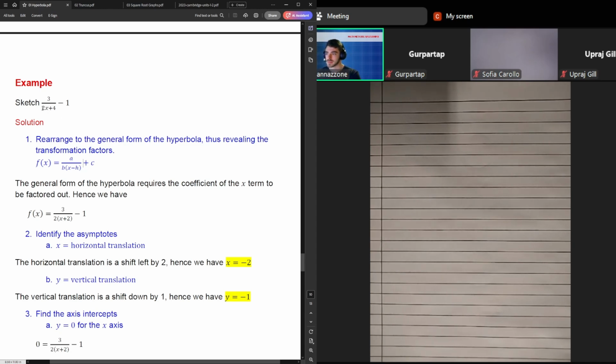For us, that just means taking any coefficients off of the x. So because we have 2x plus 4 here, when you factor out this common factor of 2, that's going to reveal the true horizontal translation. Does anyone need me to clarify why we have to factor this out? Like, is it clear why +4 isn't our real horizontal translation?